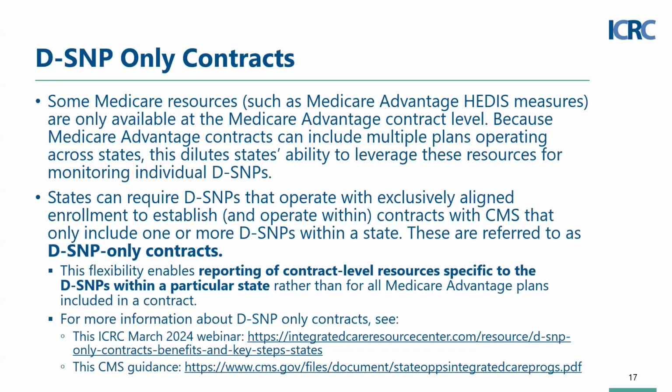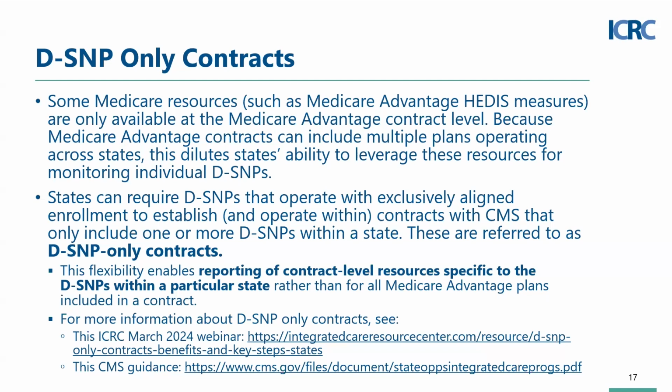In the spring of 2022, CMS finalized a new contracting opportunity for states, through which states can require D-SNPs that operate with exclusively aligned enrollment to operate within what CMS calls D-SNP-only contracts. Through this opportunity, a state can require its D-SNPs to establish contracts with CMS that only include one or more D-SNPs within the state.